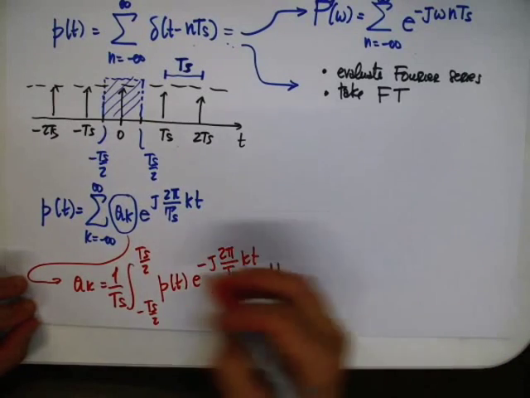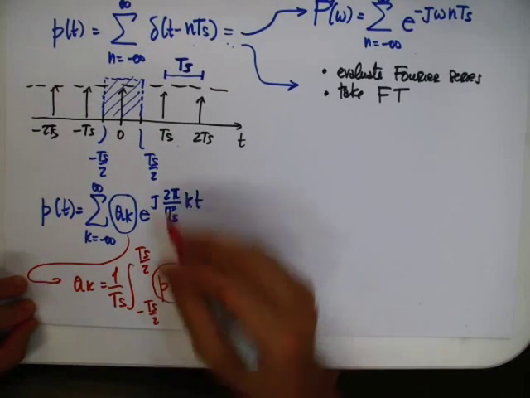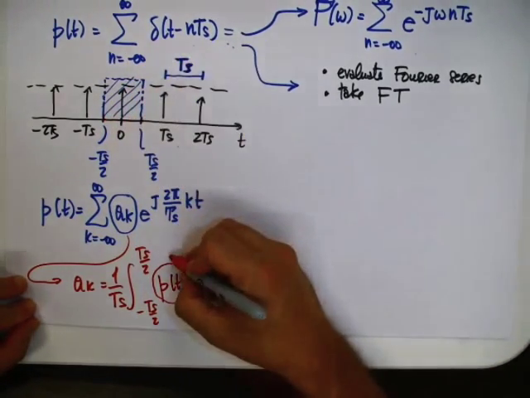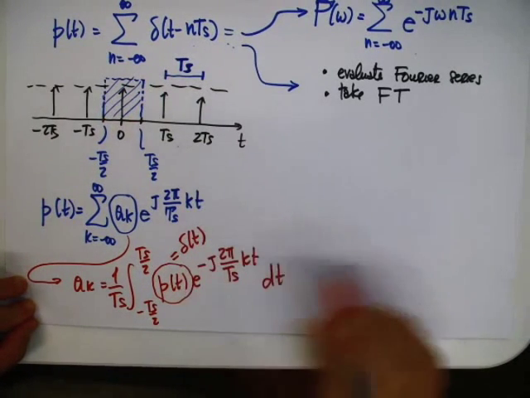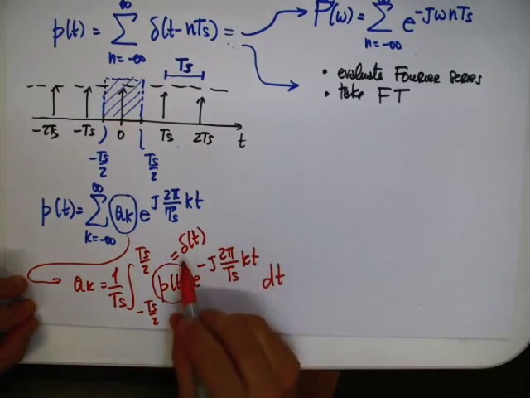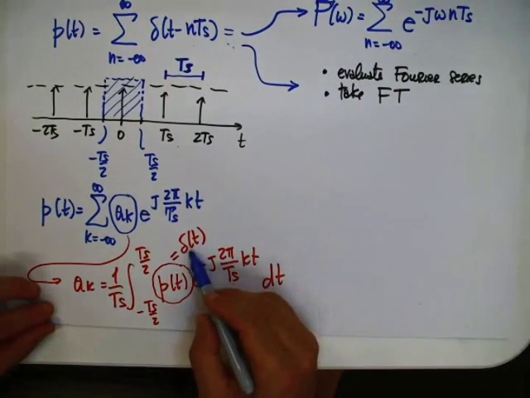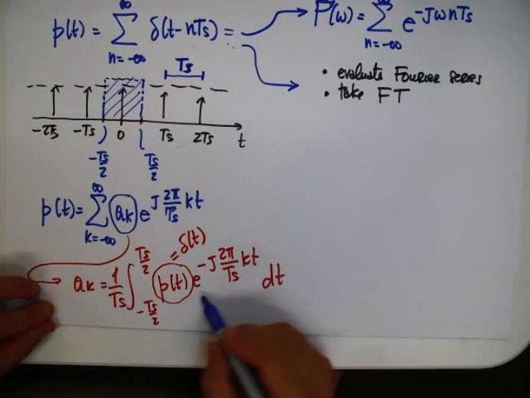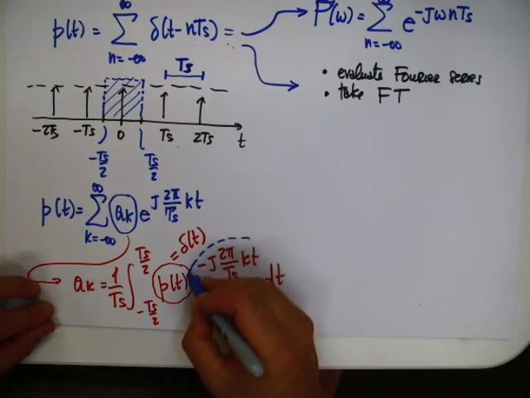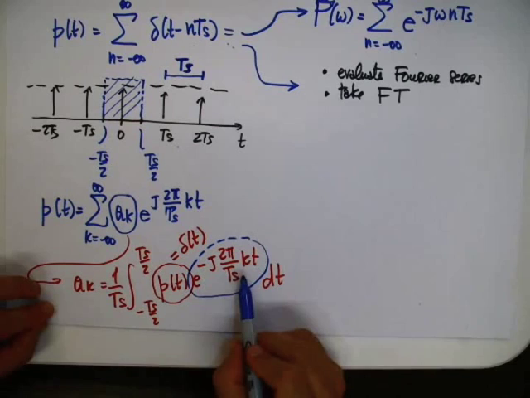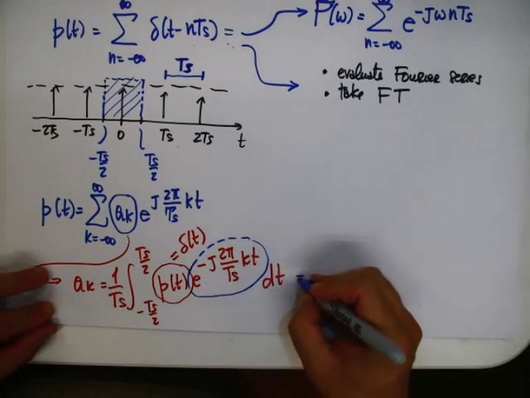But now we know that within this interval, p(t) is equal to delta(t). So when we do this integration, we are simply integrating a delta with another function, which is a nice function. It will sample the value of this function at t equals 0, which is going to be equal to 1.